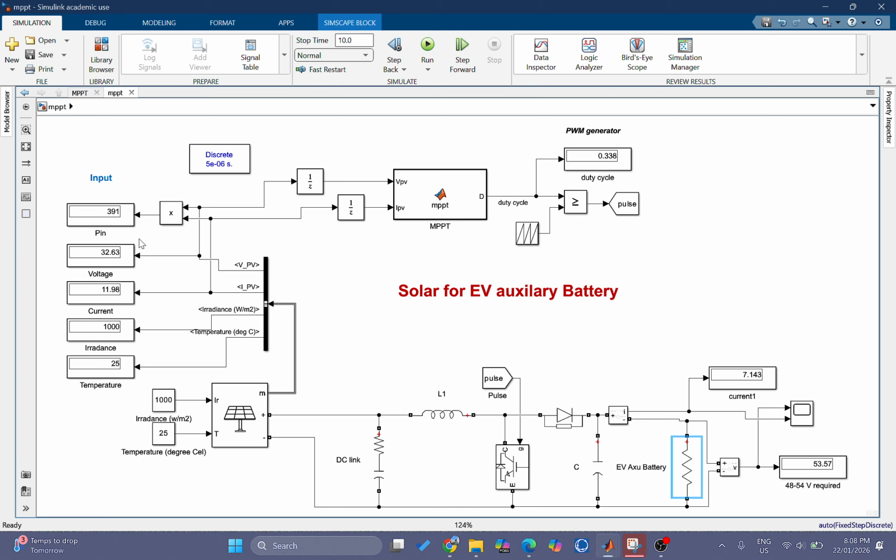The overall system efficiency is calculated as output power divided by input power, so we get around 98%. The remaining losses are attributed to switching losses, diode conduction, and inductor resistance losses.